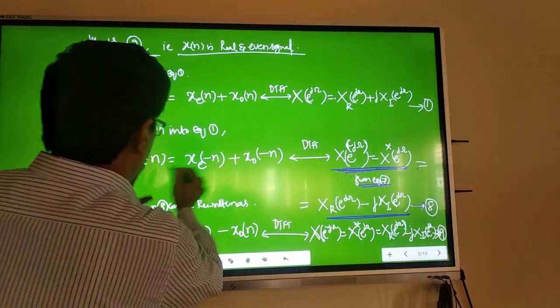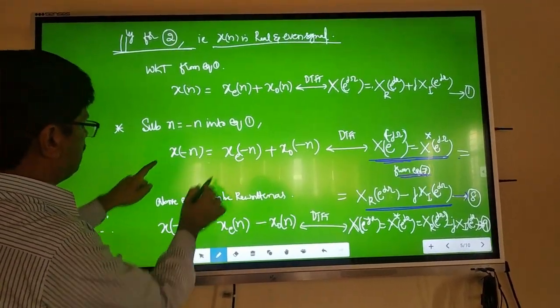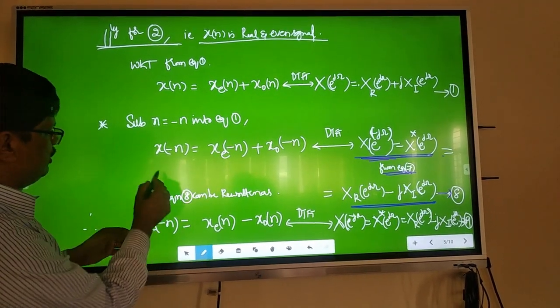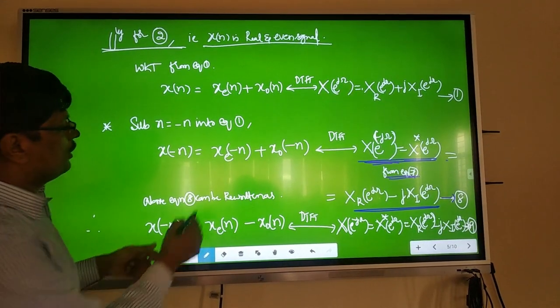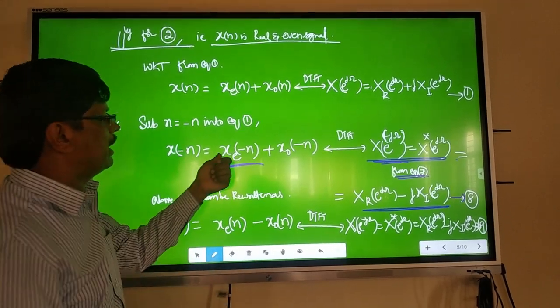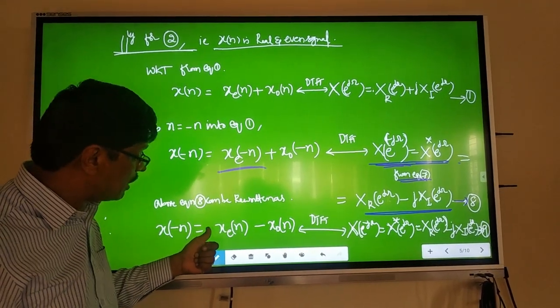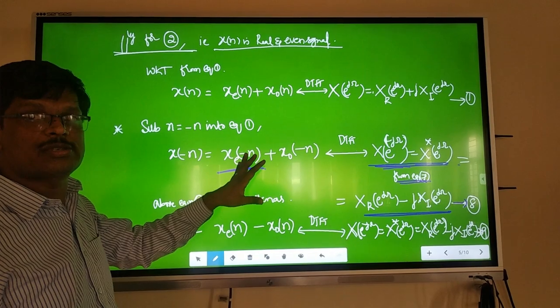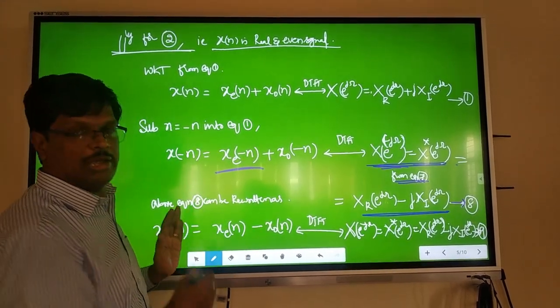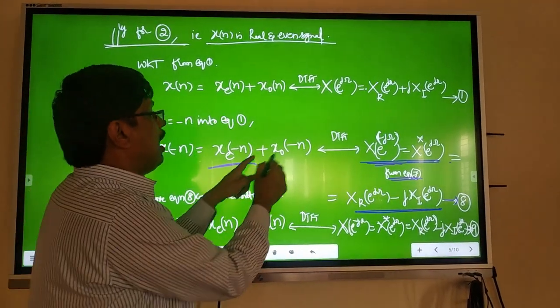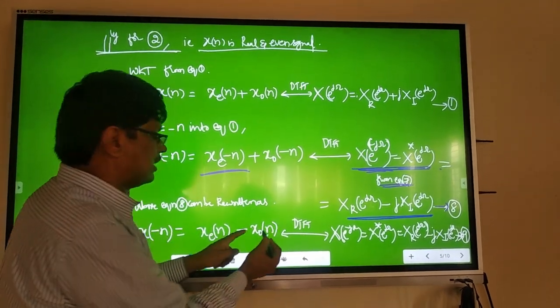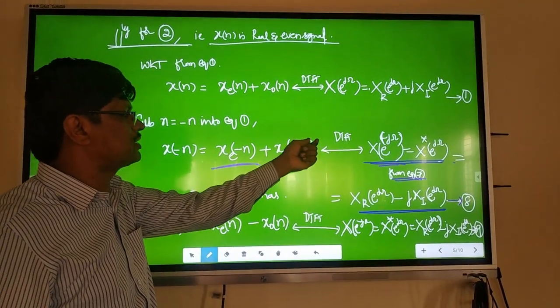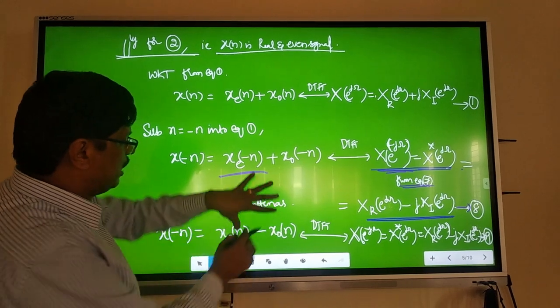Now, from the above equations, just simplify this. X of minus n, as x even part, x_e of minus n is nothing but plus x_e of n, like cos of minus theta is equal to cos theta, like even. Then similarly odd is x_o of minus n is minus x_o of n, that is nothing but sin of minus theta is equal to minus sin theta.